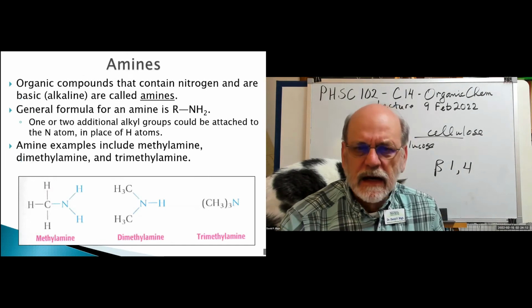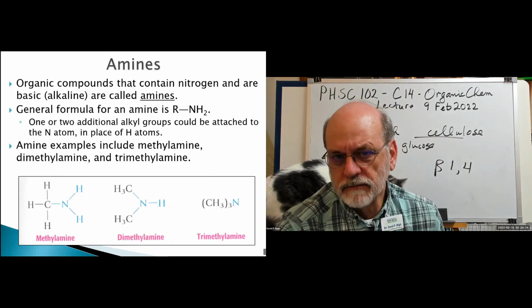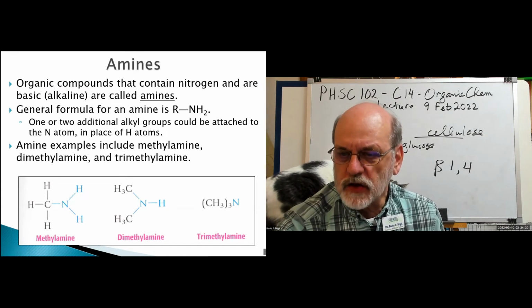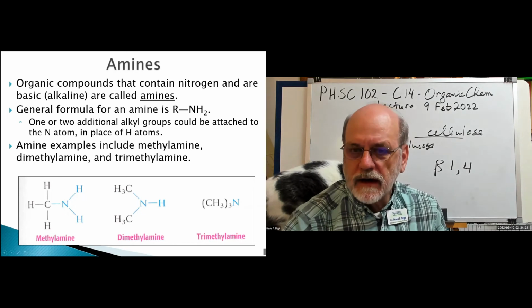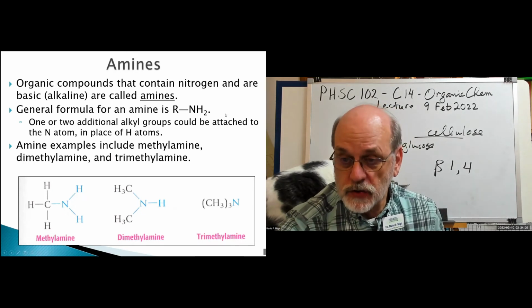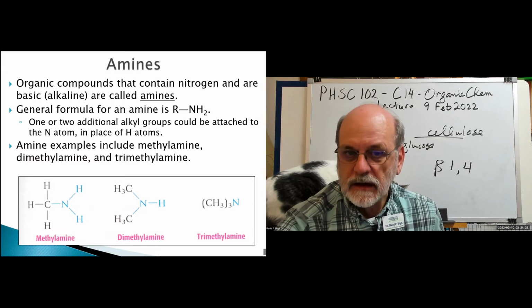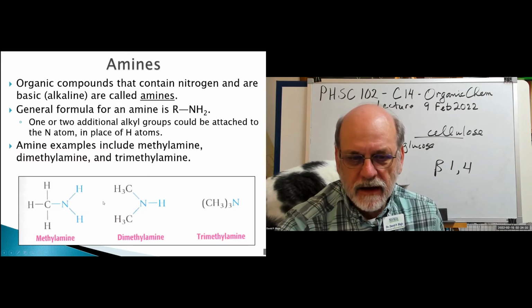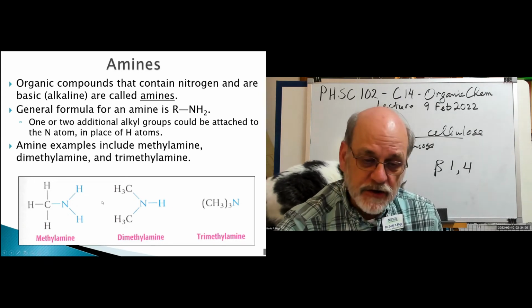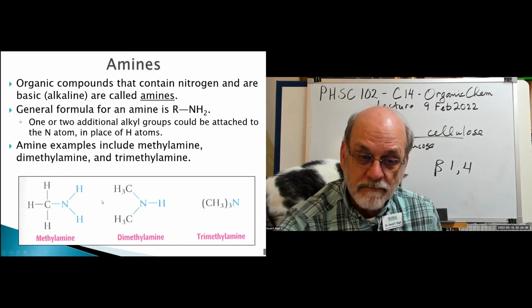Okay, other types of molecules, the amines. The amines are organic molecules where the derivative group is NH2. So we can say that if we have a methyl group and substitute an NH2 for one of the hydrogens, now we have methylamine.